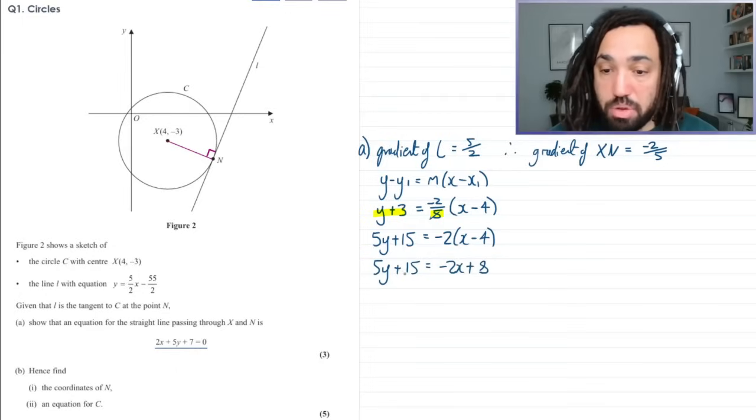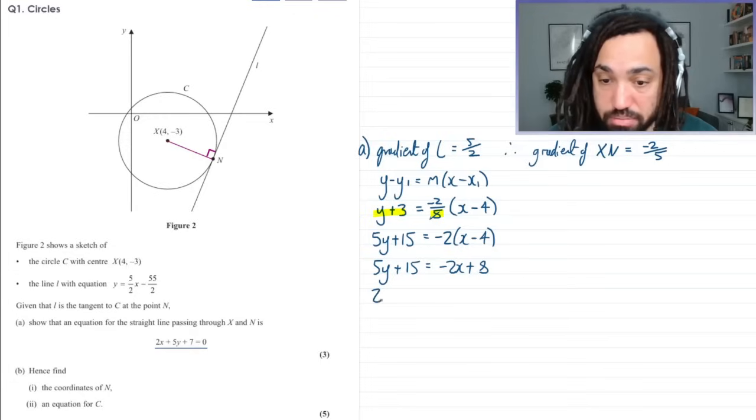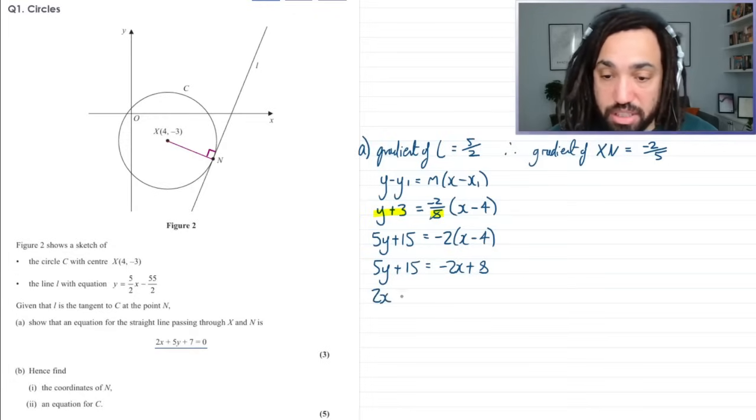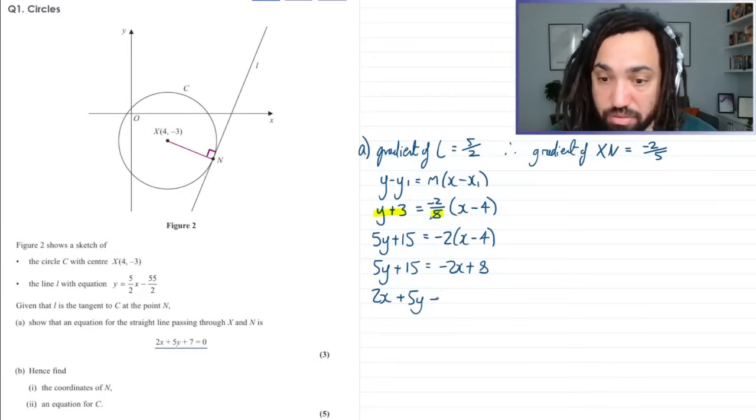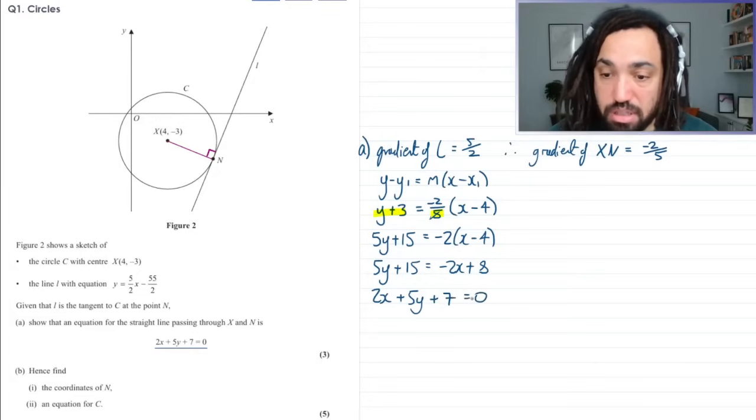And then we can bring it all over to the same side. So we add the 2x over, we're going to get positive 2x. 5y stays the same, and then we take 8 away from 15, which gives us 7. And there we have the answer as required.